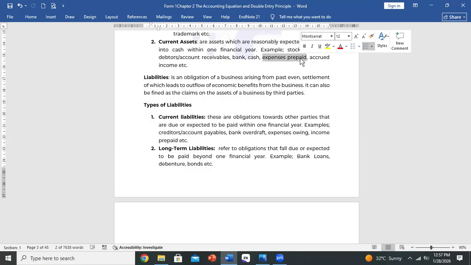Accrued income, that's not the opposite of expense prepaid, but accrued income means that you are supposed to receive some money, but it has not been paid to you. So let's say a business, you sell goods to your customers, they are supposed to pay you, they haven't paid. That's an accrued income.